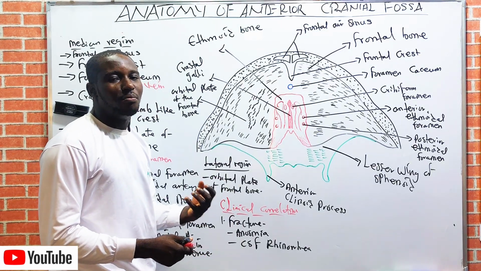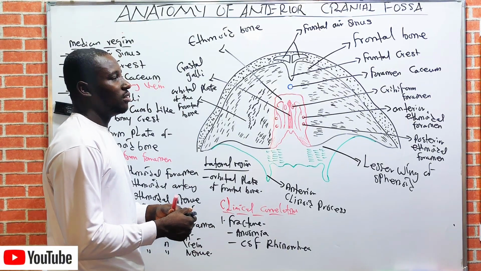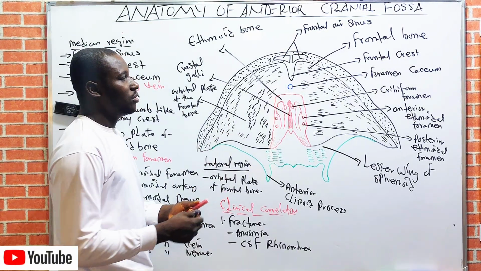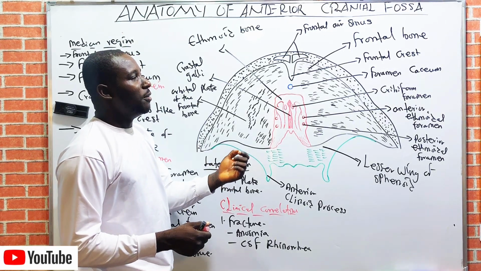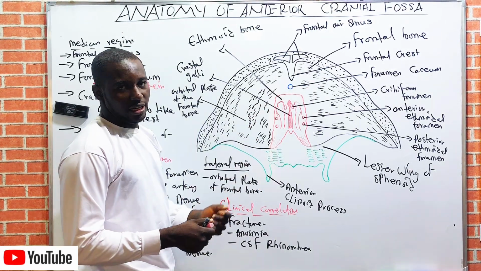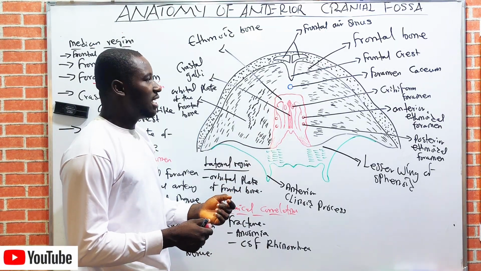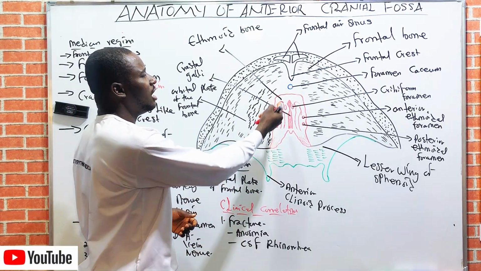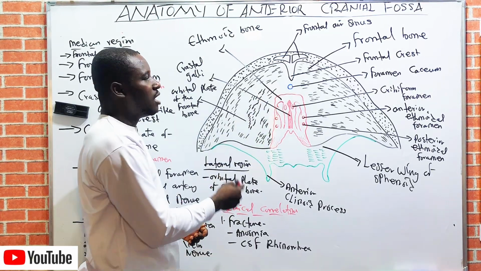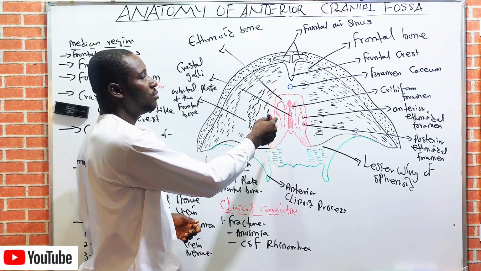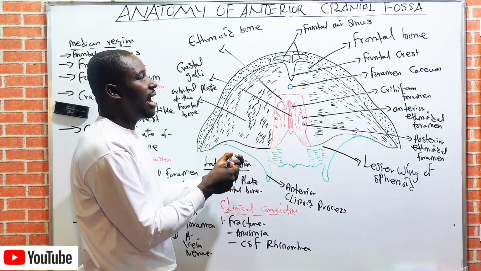The next one is about the foramen cecum. Fracture to the anterior cranial fossa could also lead to the lesion of the emissary vein that passes through the foramen cecum. And again, the emissary vein passes through the foramen cecum, yes, but the foramen cecum is a canal that connects the nasal cavity and the anterior cranial fossa.